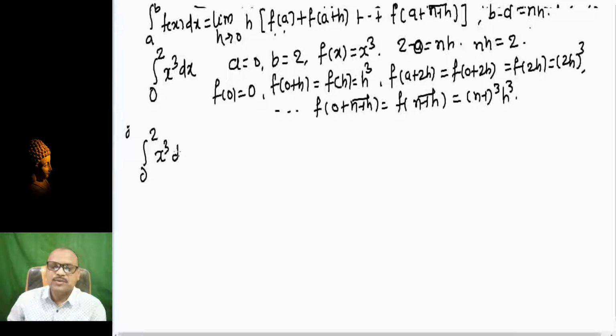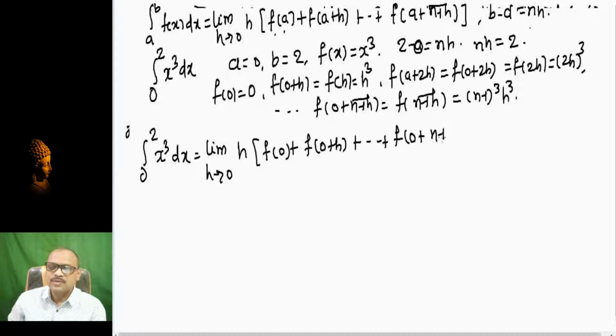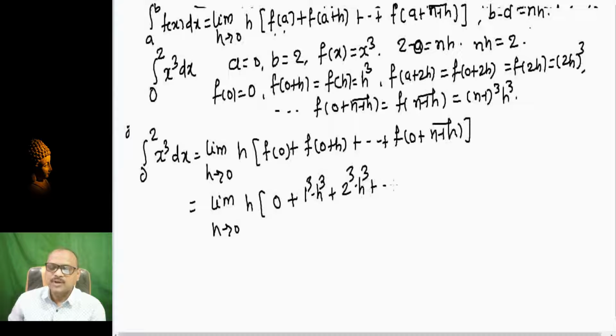Then let us put these values in. Therefore integration 0 to 2 x cube dx equal to limit h tends to 0 h into f of 0 plus f of 0 plus h plus ... plus f of 0 plus n minus 1 into h, equal to limit h tends to 0 h into 0 plus 1 cube into h cube plus 2 cube into h cube plus ... plus n minus 1 cube into h cube.